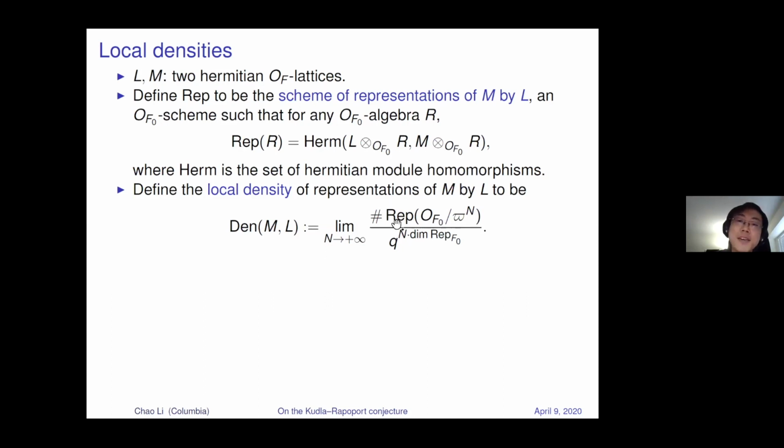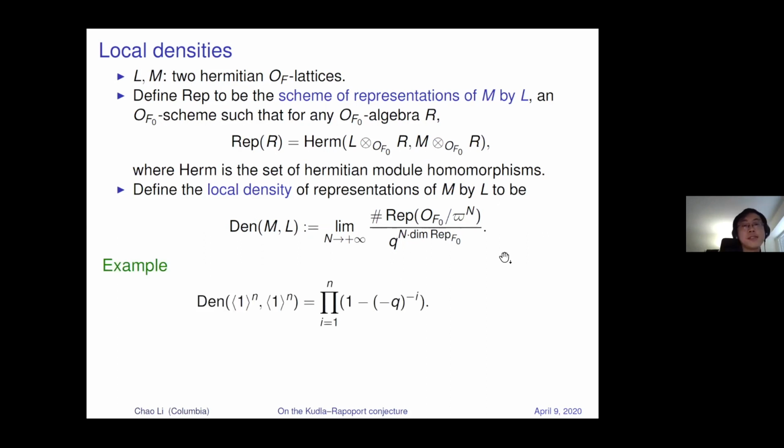That's actually a finite set, so I can count the number of elements. Then I renormalize this counting by the dimension of the generic fiber of this scheme. I take the limit as the truncation goes to infinity, and this density will converge. That's the local density of representation of M by L.